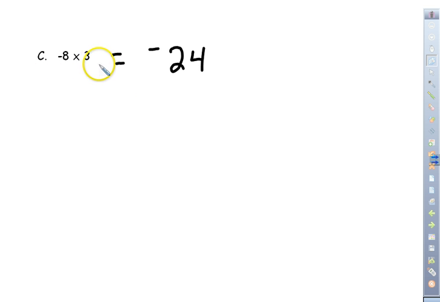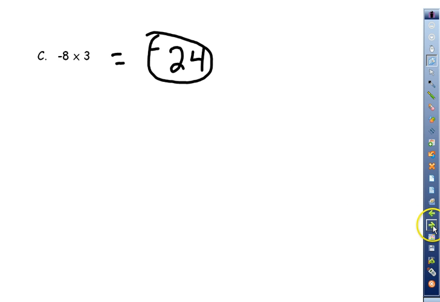On multiplying, it is strictly trying to determine if they're alike or different. If they're the same signs or different signs, same is positive, different is negative, and that is why this is a negative 24. Again, please question the guest teacher if you have any questions about this and get them straightened out before we move on.